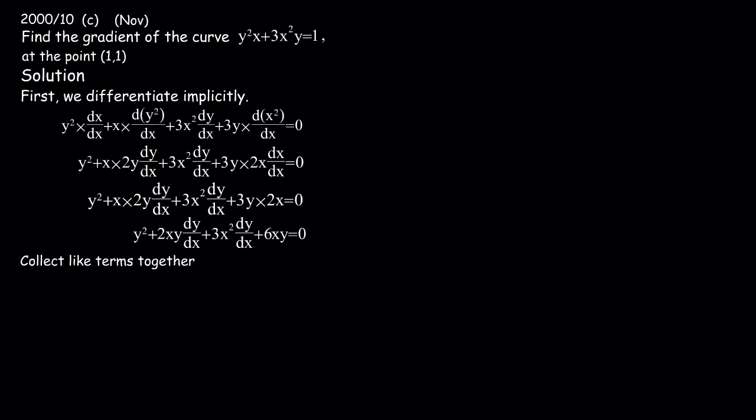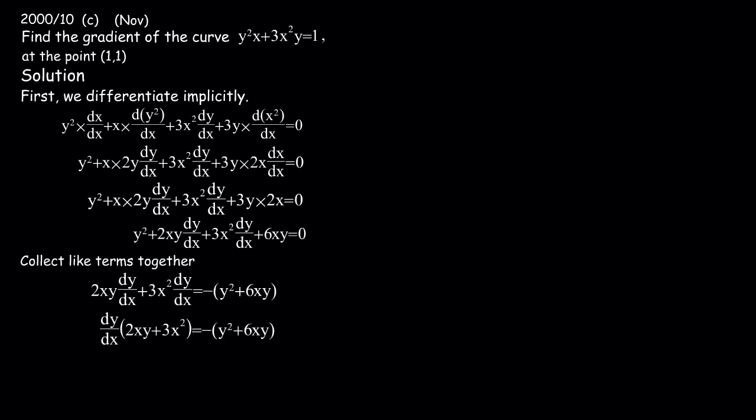Collecting like terms, it becomes 2xy dy over dx plus 3x squared dy over dx equals minus (y squared plus 6xy). Now we are going to be factorizing our left hand side, that is, bring dy over dx out. Factorizing dy over dx, (2xy plus 3x squared) equals minus (y squared plus 6xy).